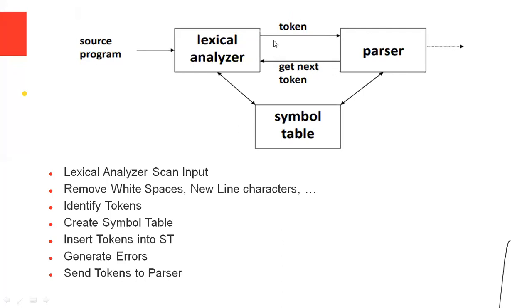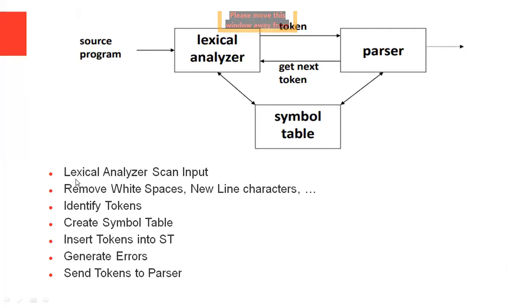For example, one token is converted into a meaningful form, that is token class comma attribute, and we can get the next token. So the parser requests the lexical analyzer. We read each and every token present in the lexical analyzer, which is converted into a stream of tokens for the parser. Those can be recorded in the symbol table.